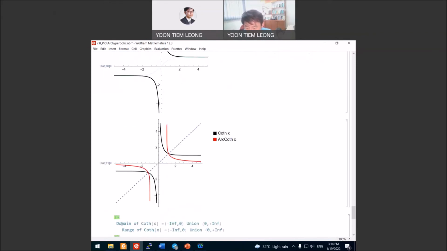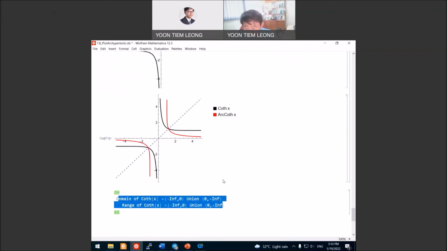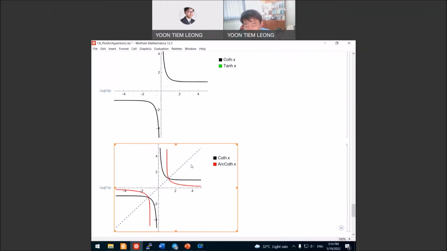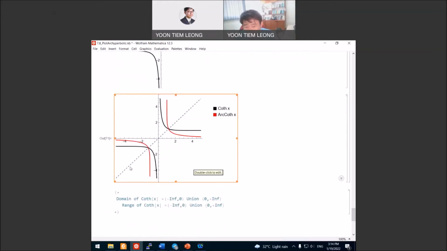So that is the range and domain of a hyperbolic cotangent. Then you can again reflect the hyperbolic cotangent to obtain the red color curve. Right? The red color curve, like here, is obtained by reflecting this black color curve about the y equals x line.